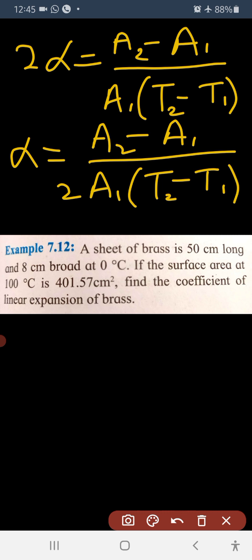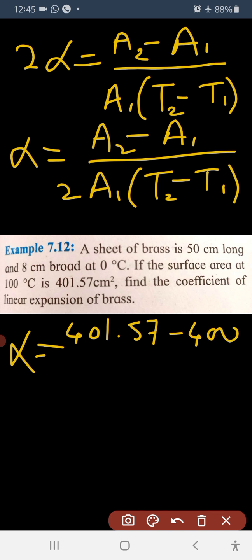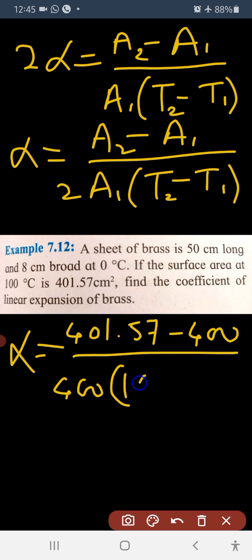Now we just have to substitute all the values which are given here. So alpha is equal to A2, the final surface area, its value is 401.57, minus initial surface area A1, 400 centimeter square, divided by 2 into 400 into bracket T2 minus T1. T2 is 100 and T1 is 0. So you have to do this calculation of alpha, and we can find the answer.